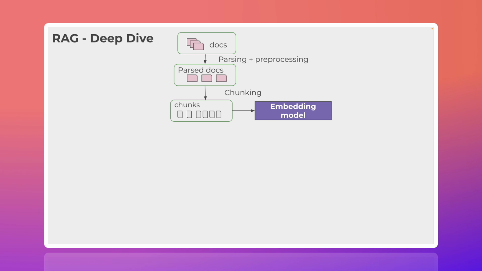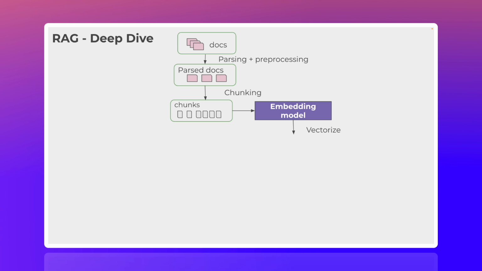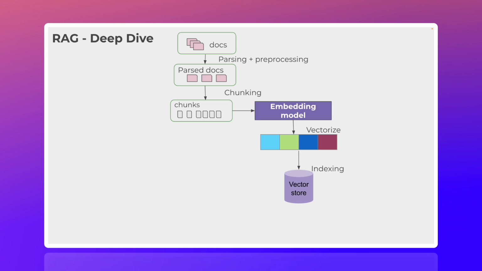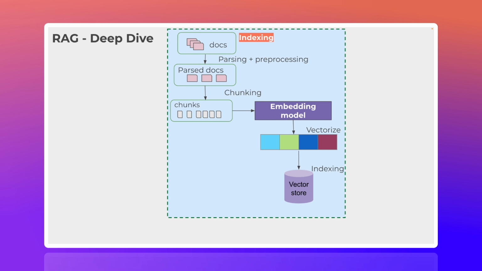That's what embeddings mean, essentially. Once the vectorization happens, it's a different format of this data, and that is saved into a vector database, okay? All of this is what we call indexing. This whole process, we call it indexing. What happens then is that a user comes in with a question, a query.